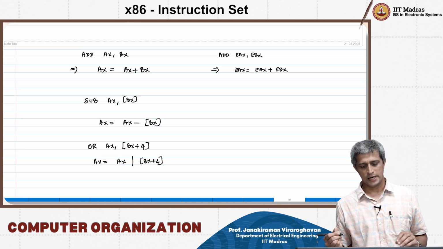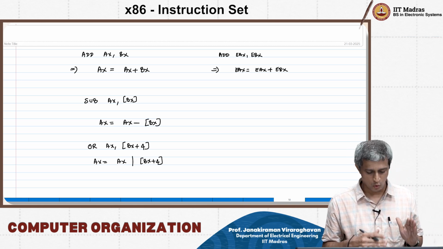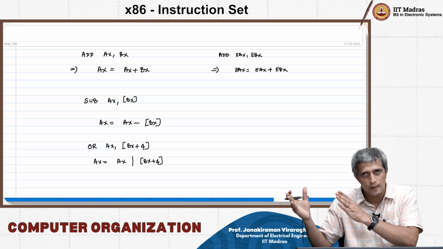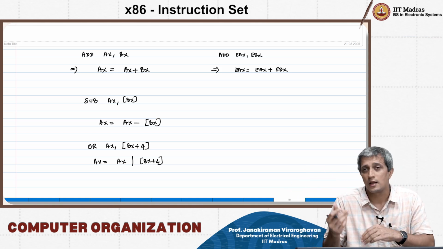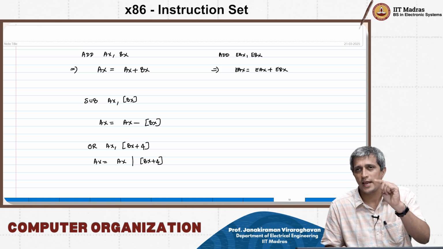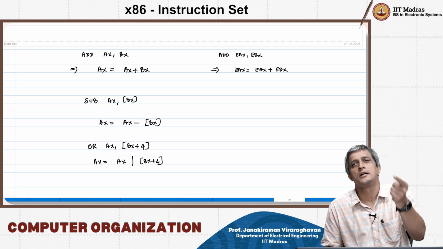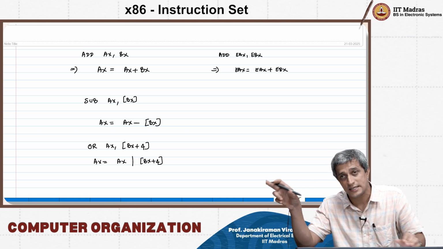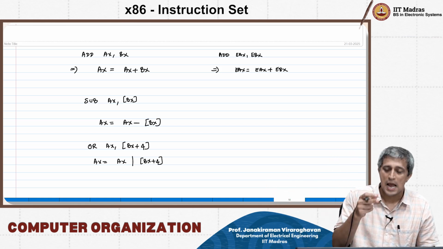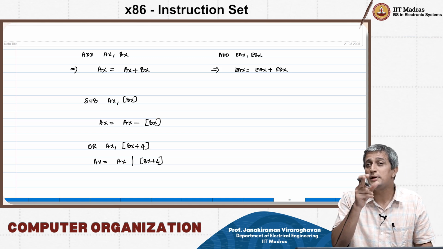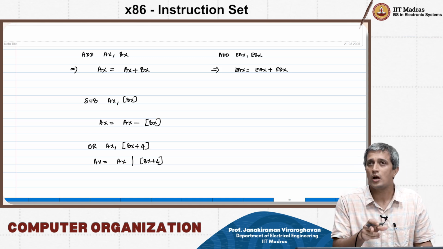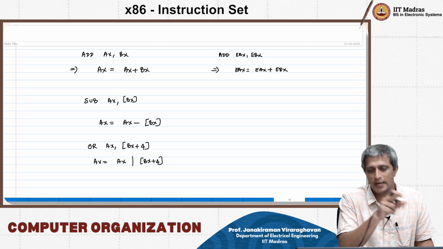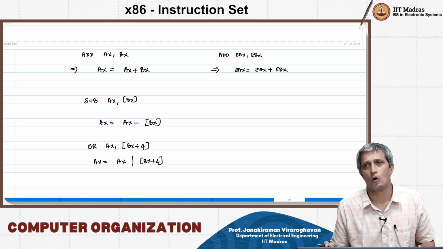It means you are going to go and get 16 bits of information from memory. From which address? BX plus 4. Take the value of BX, treat it as an address, add 4 to it, put it on the address bus, get 16 bits from memory, and then do a bitwise OR operation with AX and put the answer back into AX. That's what this whole thing means.